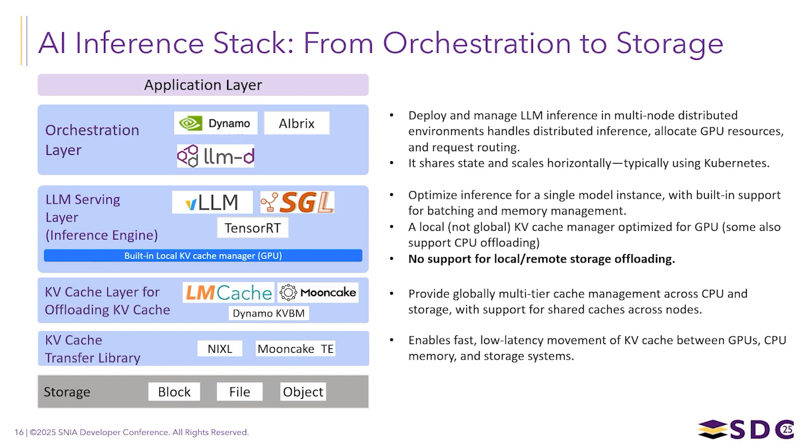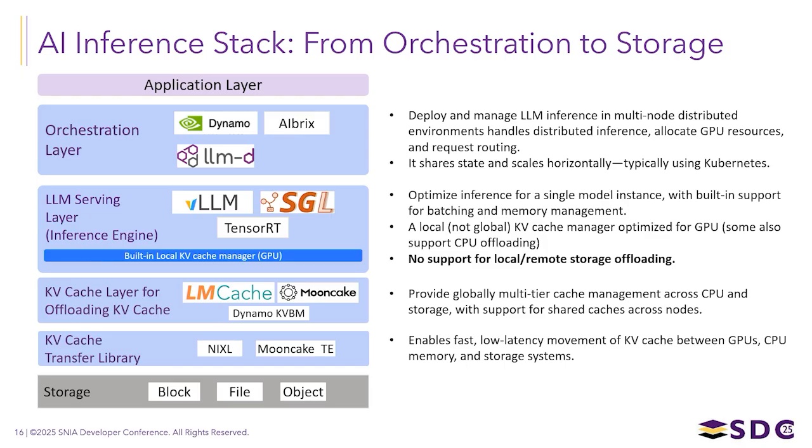And then there's another software stack called the KV cache layer. This is for offloading the KV. Here we're going to see LMCache, Mooncake, and the Dynamo KV Block Manager is another one. The goal of this layer is to provide a globally managed multi-tier cache for the upper-layer LLM inference engine.